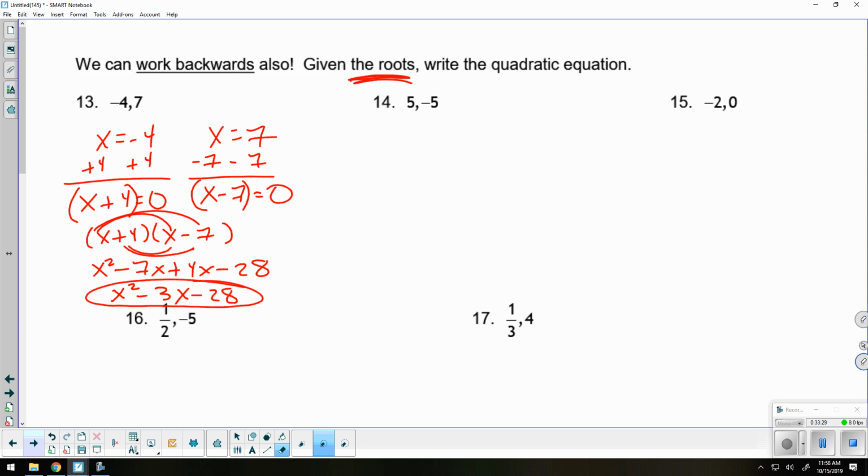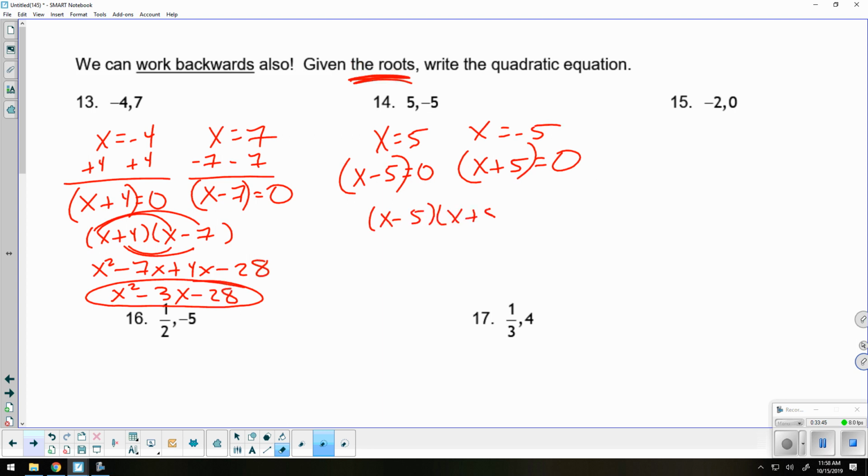Same thing for the next one. We know the answers are 5 and negative 5, but now work it backwards. This is x minus 5. This is x plus 5. So take these two binomials, x minus 5 and x plus 5, and multiply them together. You'd have x squared plus 5x minus 5x minus 25.